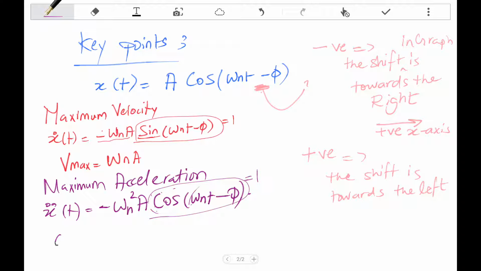Hence, your A max is this value right here. So that's done. That's out of the way. These are really important key pointers that you should know and keep in mind. And we've already talked about how to find the phi, the phase angle, so that shouldn't be a trouble.